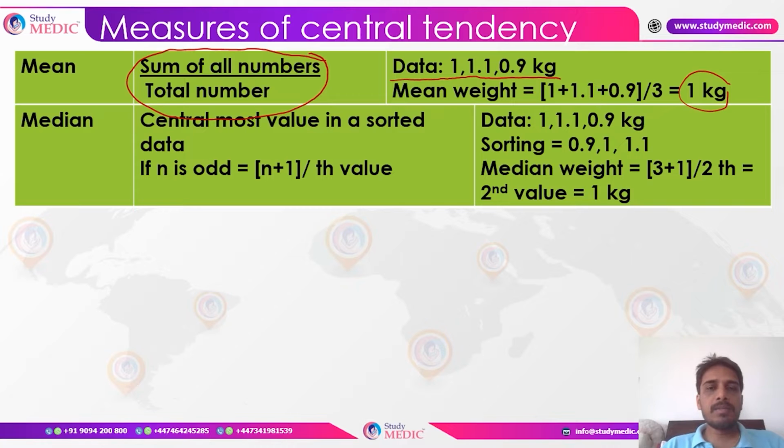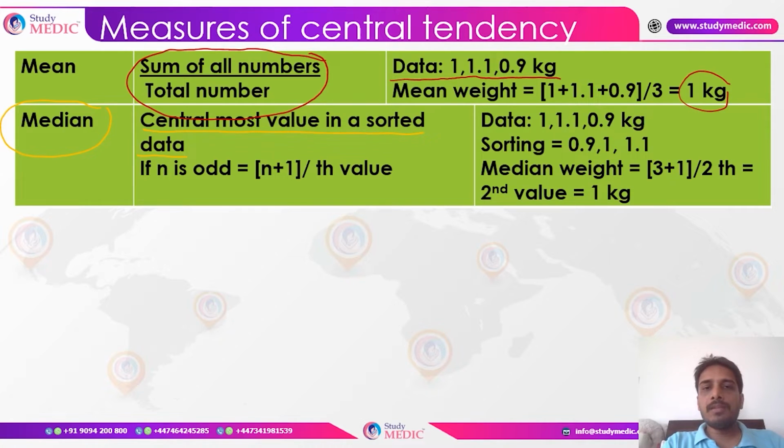The second measure of central tendency is the median. Now what is this median? Median is the centralmost value in a sorted data. Now what do you mean by this?